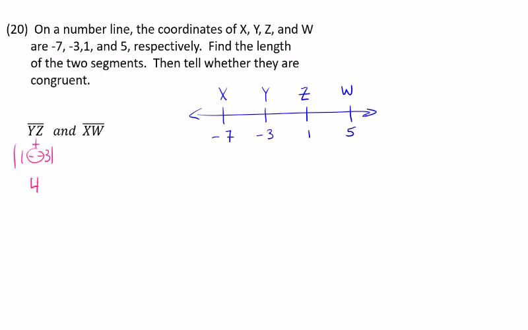And to find XW, we could do 5 minus -7. And that gives us 12, right? So those are the lengths. Are they congruent? No, they're not congruent, right? So we can write the congruent symbol with a line through it like that. Okay.